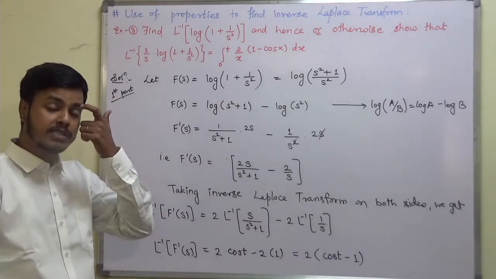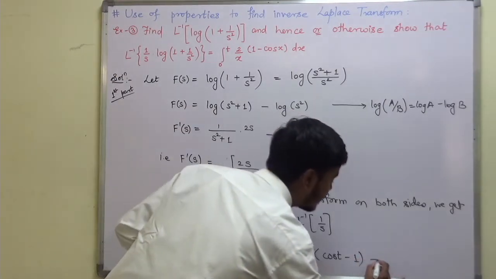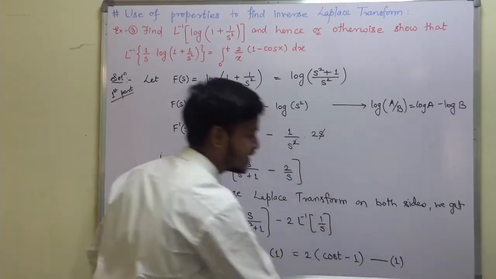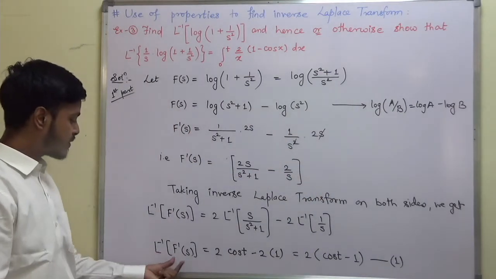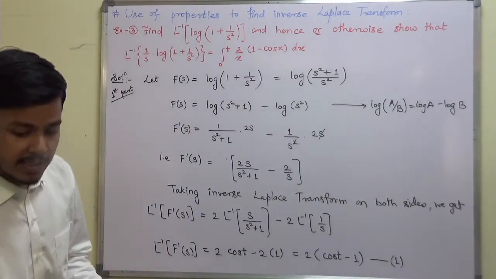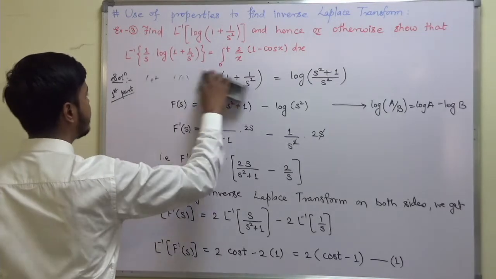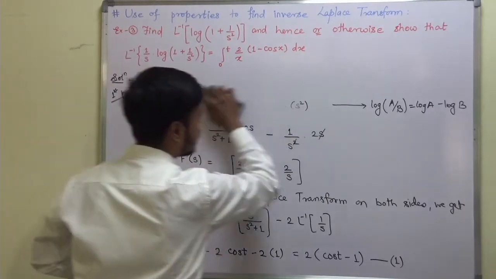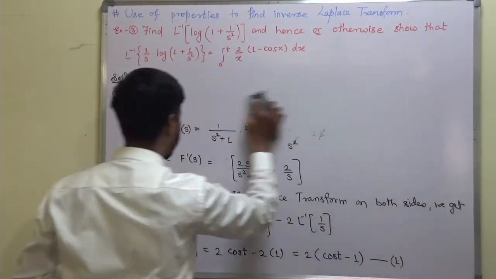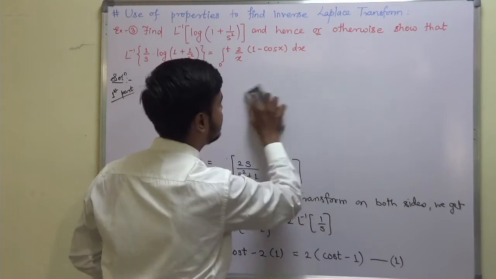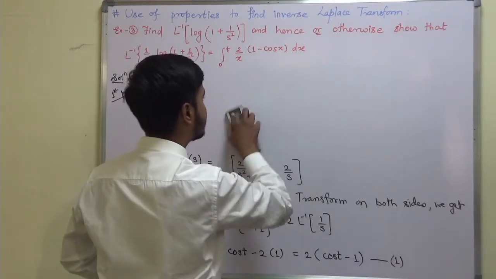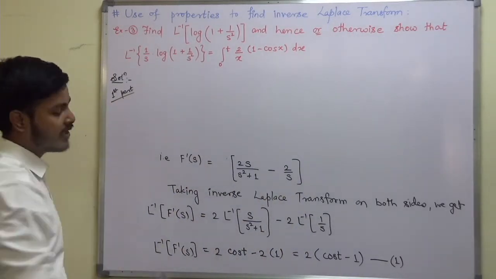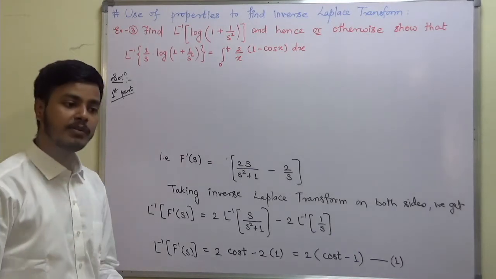Any doubt up to this? If not, then we can move ahead. This is L inverse of F dash of s. But by using the property, we know what L inverse of F dash of s is. Does anyone know that? If you know it, just pause the video for a second or two, or take whatever time you require, and try to write down the property.